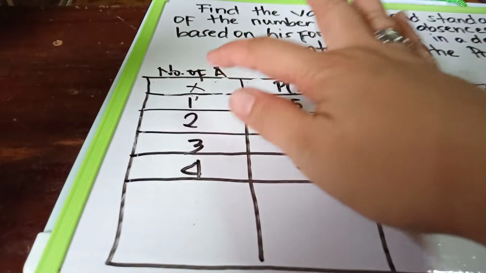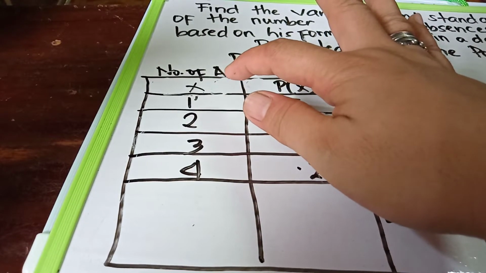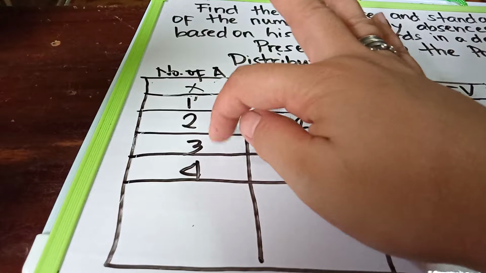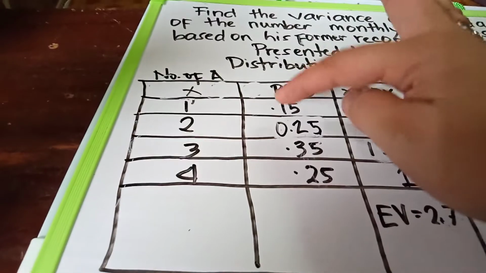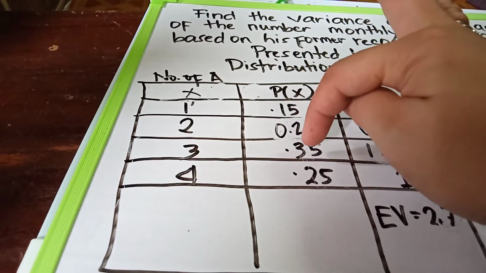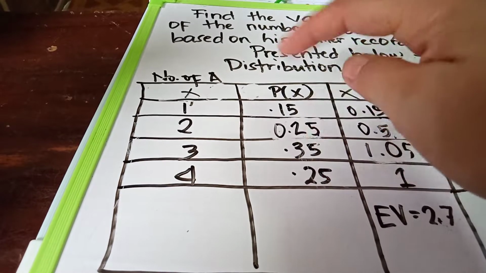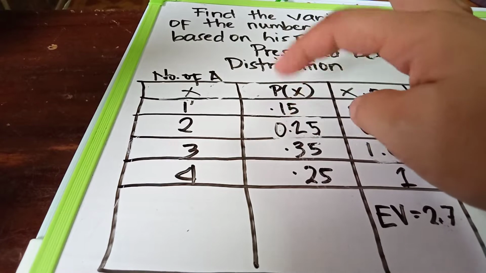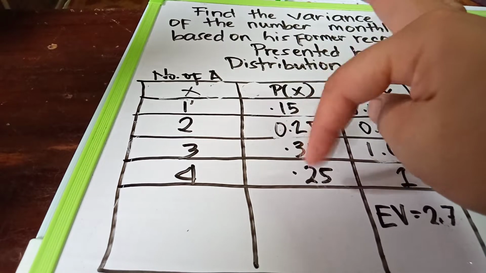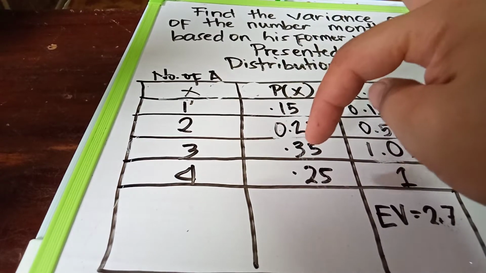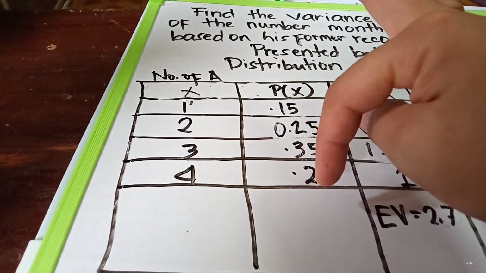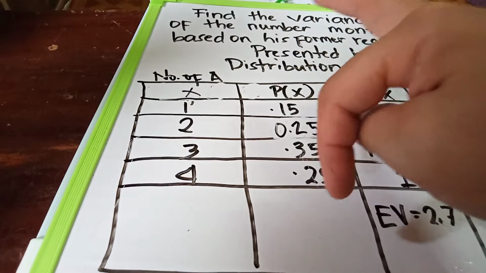The number of absences x is 1, 2, 3, 4, and the probability is 0.15, 0.25, 0.35, and 0.25. If we get the total, the probability should be equal to 1: 0.15 plus 0.25 plus 0.35 plus 0.25 is equivalent to 1.